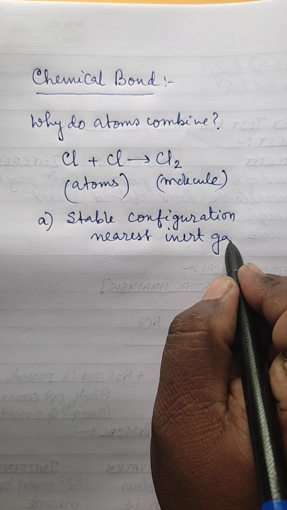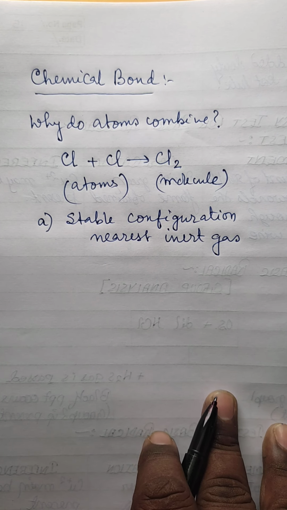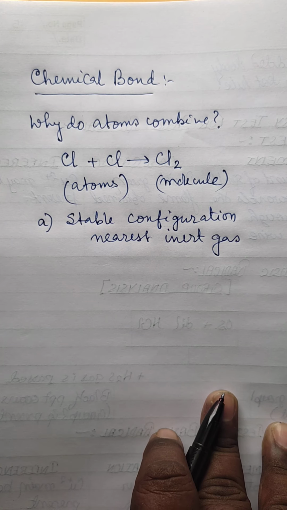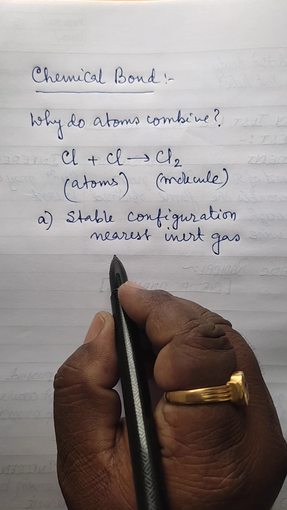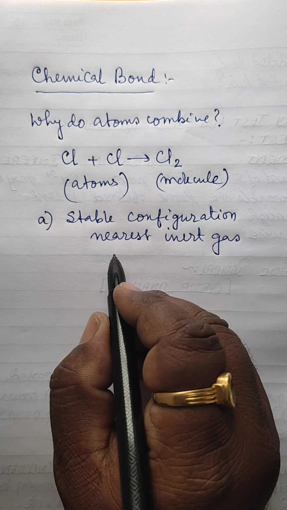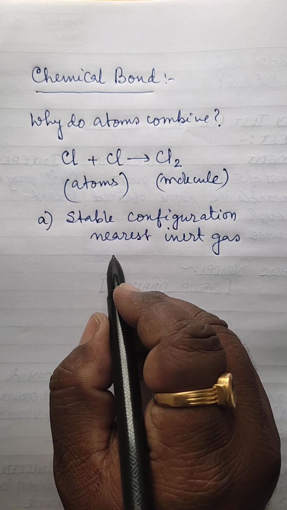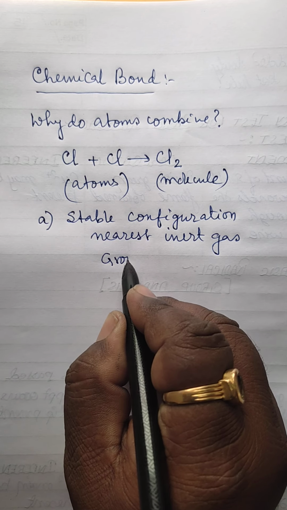Now the question comes, what is the configuration of an inert gas? Inert gases are those gases of the periodic table which are present in the last group, that is group 18.